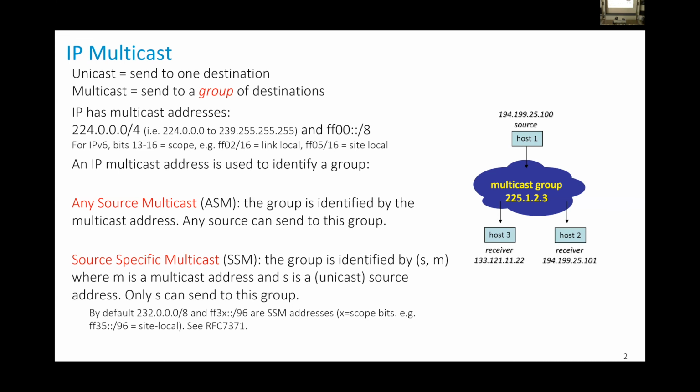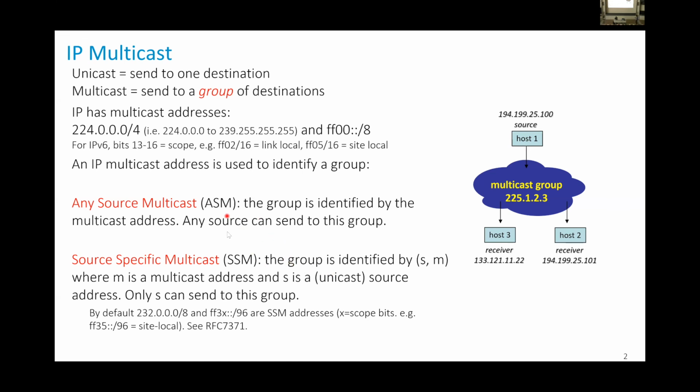The group is the combination of a specific source and this address. Or another way to view it is when we use source specific multicast, we're identifying explicitly the source. So in a source specific multicast group, there can be only one sender, which is more in line with the system of audio and video broadcasting.